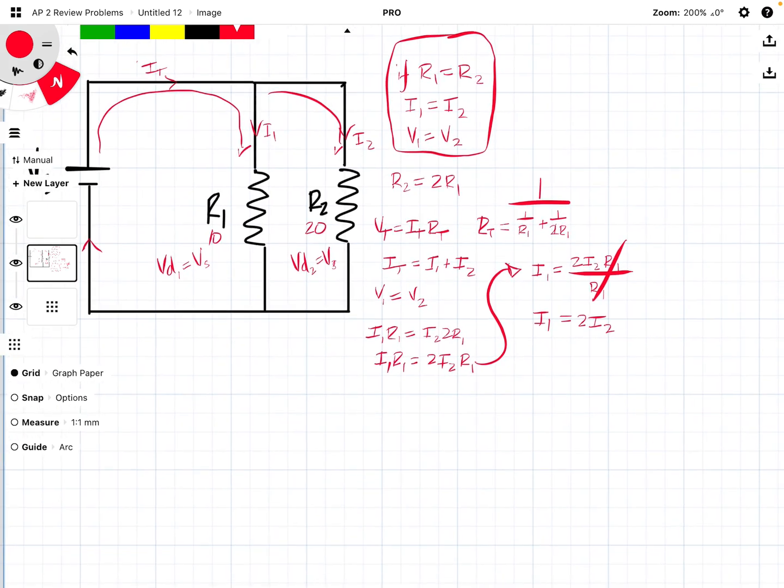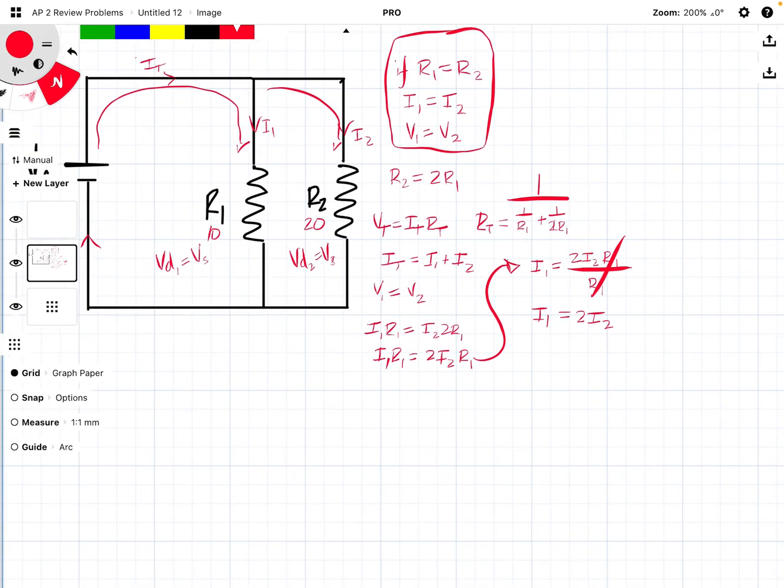And so then, let's see here, does this make any sense? Well, if we're saying that R1 is 10 and R2 is 20, remember originally we said 10 over the total, so 33% of the resistance means 66% of the current, and the other one gets 33% of the current.